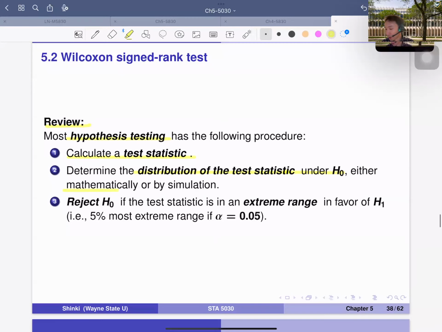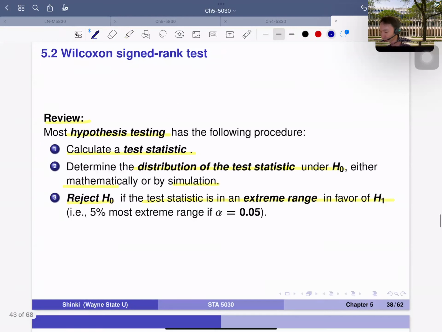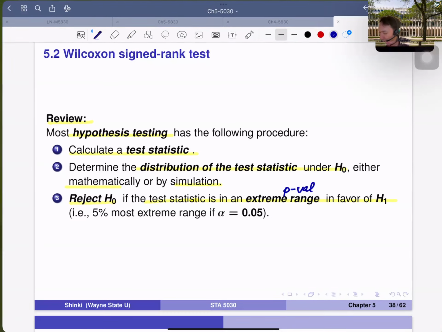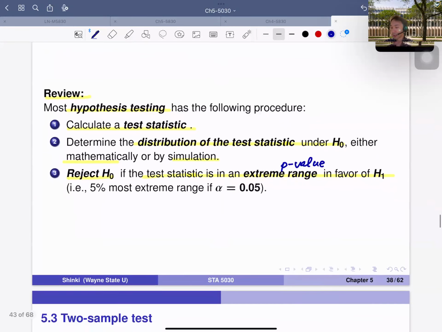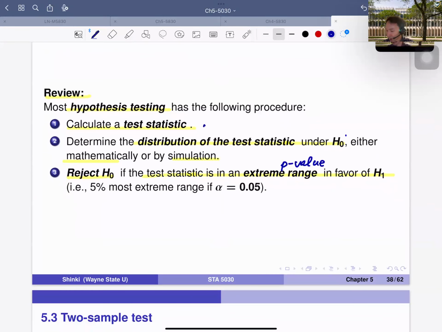Derivation is either mathematical or by simulation. And we reject H0 if the test statistic is in an extreme range in favor of H1. So basically, we calculate the p-value, and then we decide. The p-value explains how extreme the test statistic is under H0. So this is the scheme: test statistic first, then check the distribution of the test statistic, then calculate the p-value to see if we reject H0.